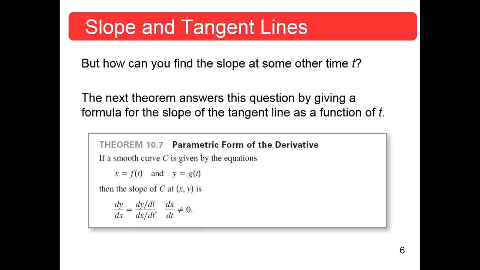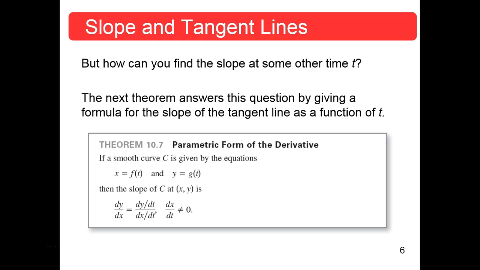Here's the theorem. Parametric form of the derivative. If a smooth curve C, capital C is usually the indicator of a smooth curve, is given by two parametric equations, x equals some f of t, remember that was the 24t root 2, that was your x, and y was minus 32t squared plus 24t root 2, however you want to phrase that.